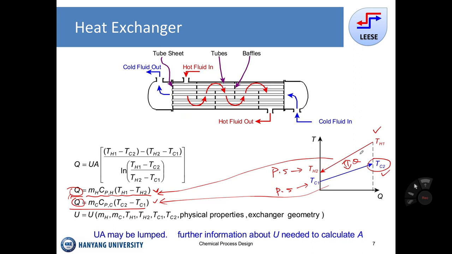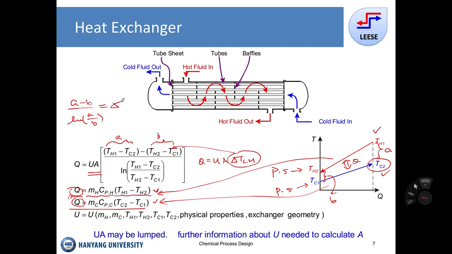But looking at the heat exchanger, we can determine another expression. As we have seen in the previous lectures, Q equals U A times the log mean temperature difference. That is the definition of the log mean temperature. Let's say this difference is A and this difference here is B. Then the log mean temperature difference is given by (A minus B) over ln(A over B).